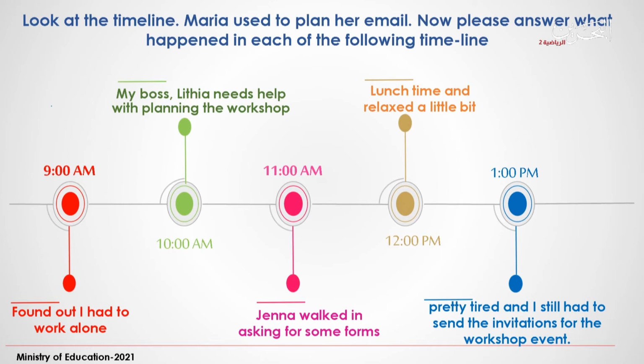Finally, at lunchtime, she had a little bit of a break and she relaxed. And last but not least, around 1ish, she was pretty tired and she still had to send invitations for the workshop event. So, similarly, when we plan a timeline and write our friends an email about what happened in our day, it is recommended to use a similar timeline.